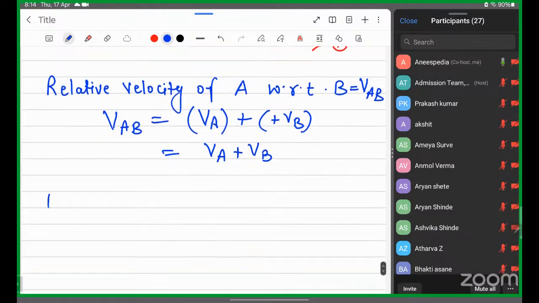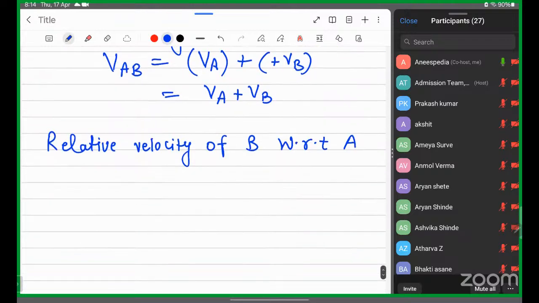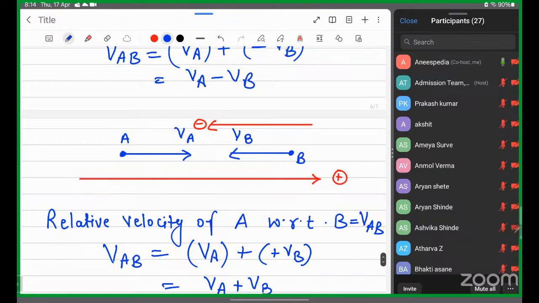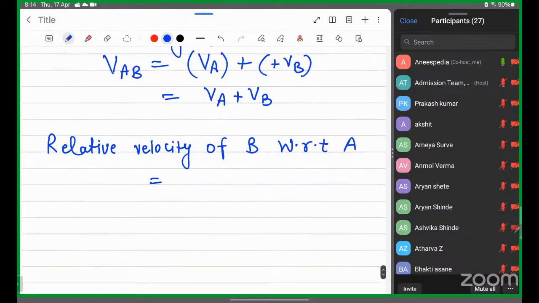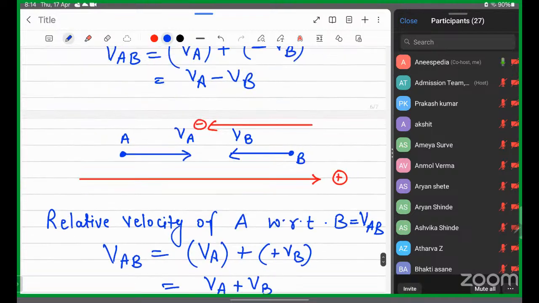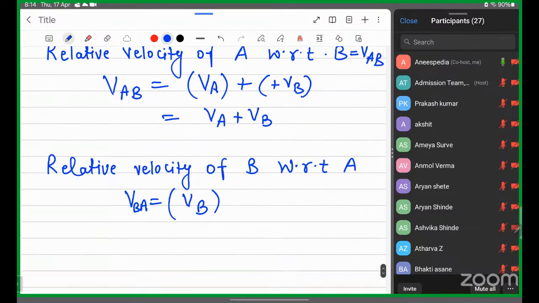If you want to find out relative velocity of B with respect to A in the same case, it can be written as VBA. Because I want to find out relative velocity of B, VB will be as it is. VB is in negative direction, so it will be minus VB.